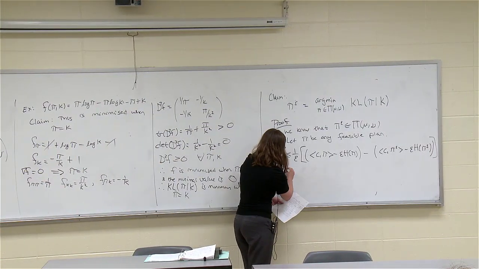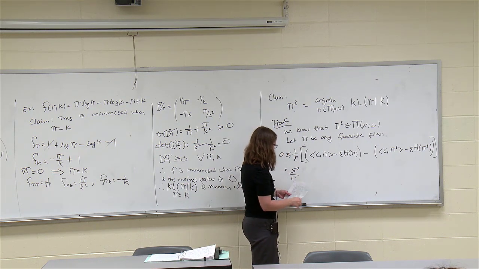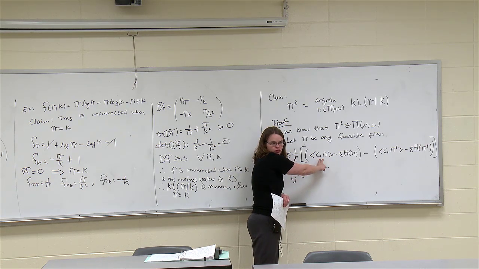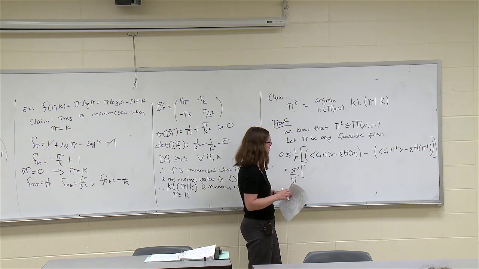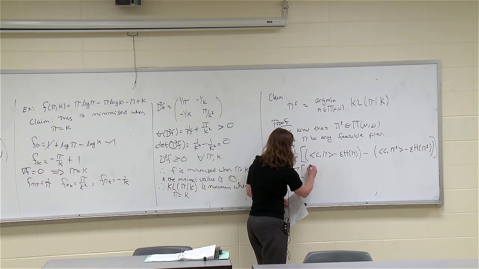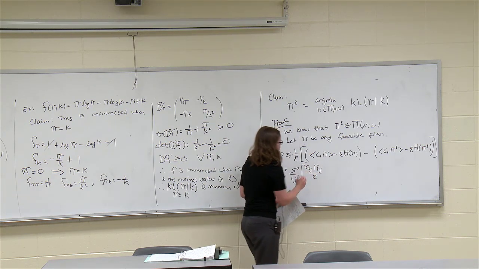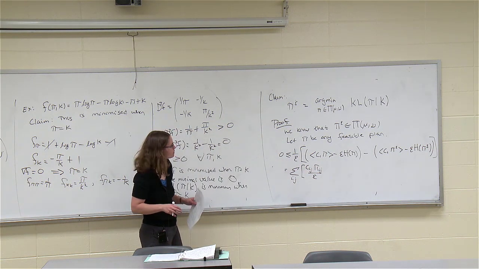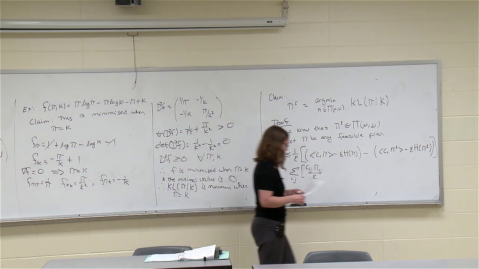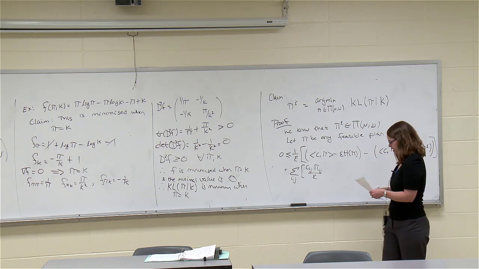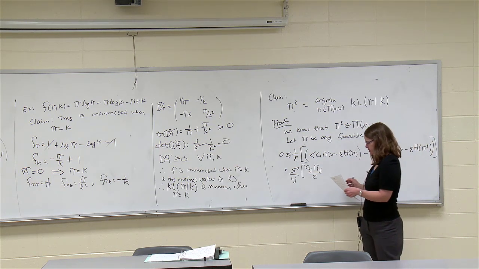Okay, so if I write out exactly what all of this is, what do I have? Here I have this sort of dot product between C and pi. So here I have Cij pi ij divided by epsilon. Okay, here I have minus the entropy.